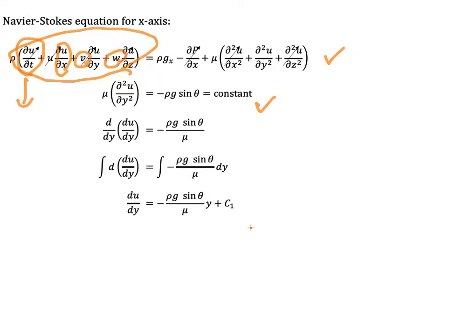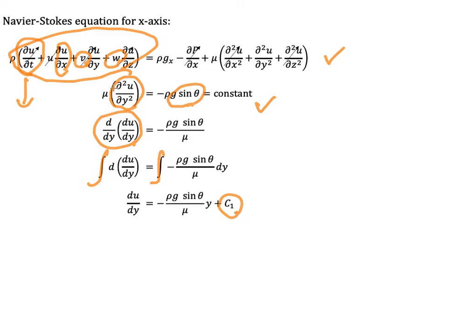So we will use g sine theta. And then we have two times derivation there. We have del square u over del y square, and then we could write like this one. So we integrate it once, and we get this answer with a constant there.